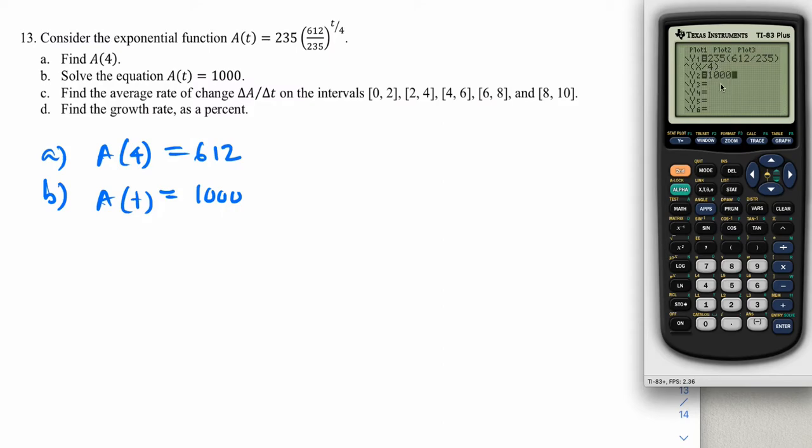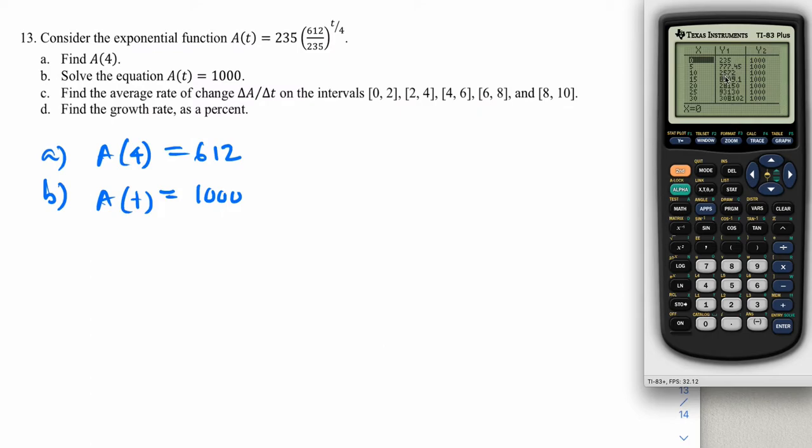Let's look at an every 5-unit table. So under table set, 0 for start, 5 for change, and run the table function, second table. And if we look down that list, we can see that we're going to be at 1,000 within 10 units.